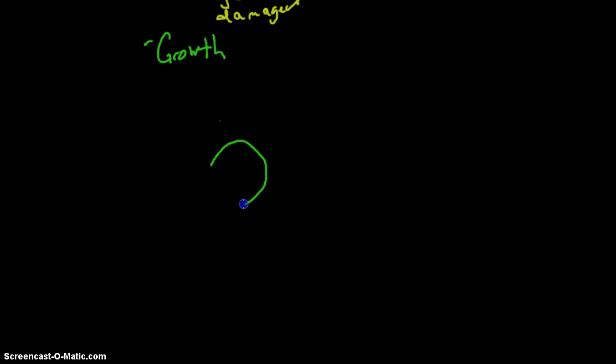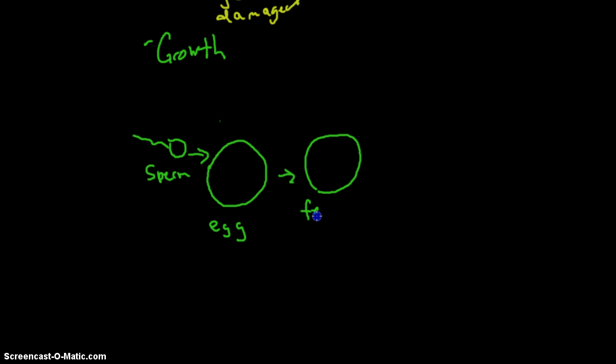Well, let's say this is an egg. Let's call this a sperm. Let's say the sperm swims over and fertilizes the egg. So now you have a fertilized egg.